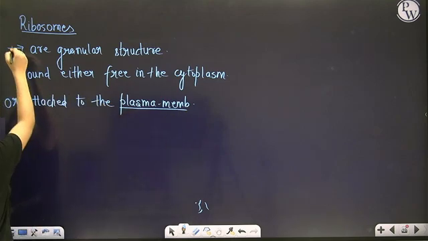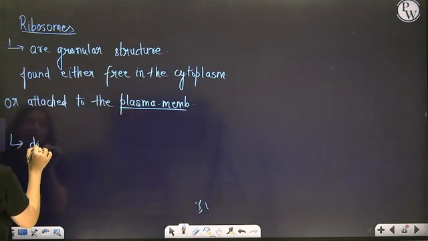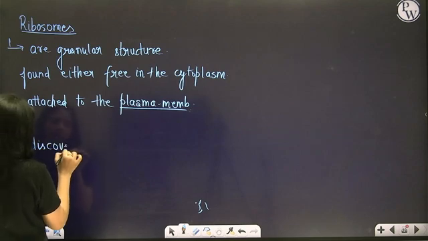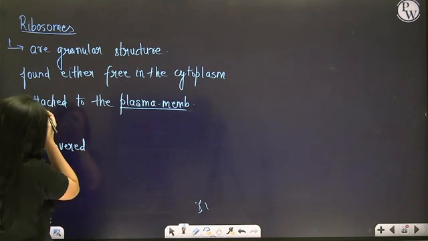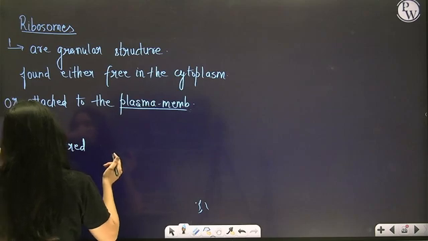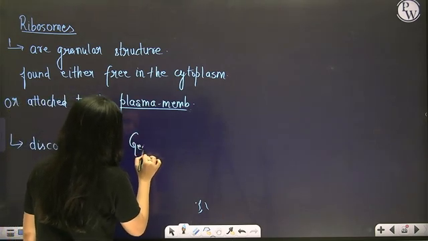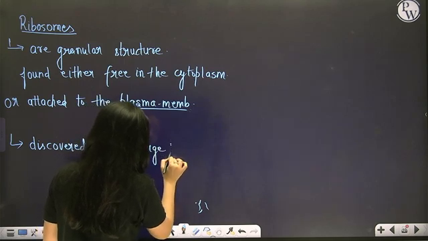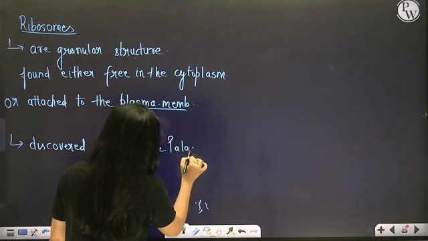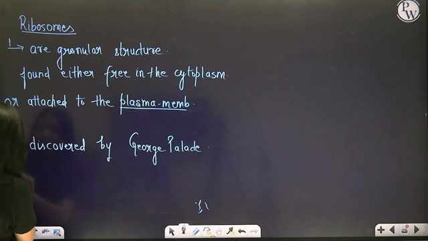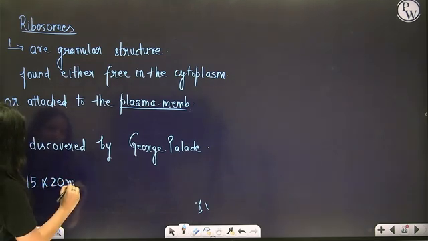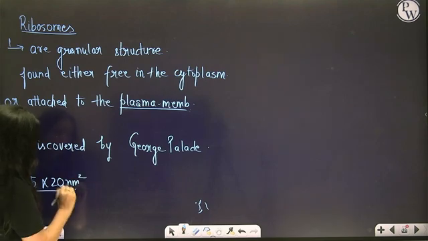Next point, beta, they were discovered by George Palade, whose average size is 15 into 20 nanometers square.